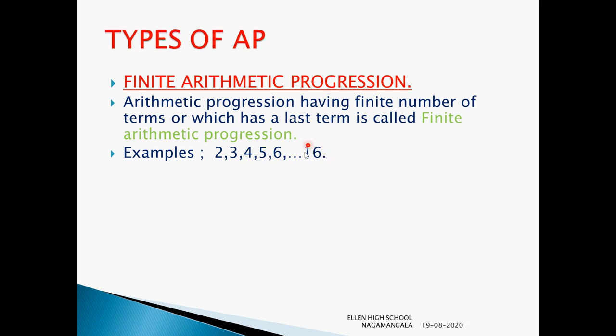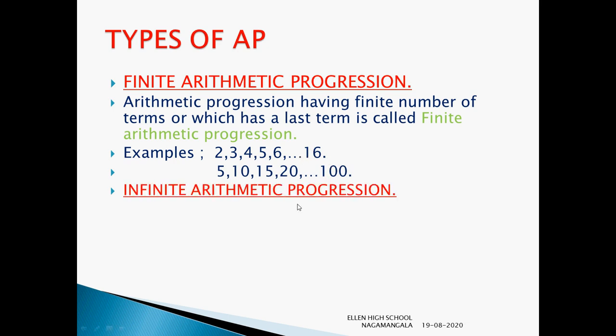Having a last term means it is a finite AP. One more example: 5, 10, 15, 20, and so on up to 100. We have 100 as the last term. Having a last term means it is a finite AP.